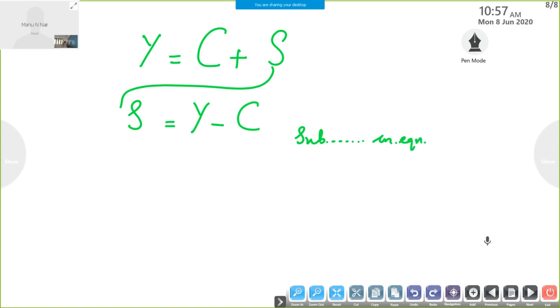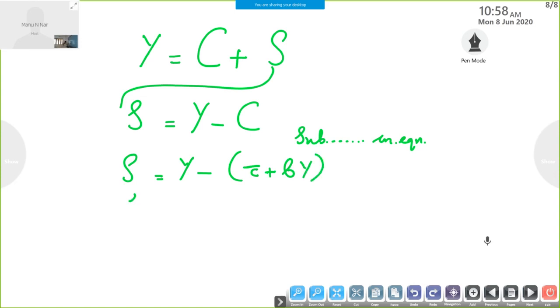Then we get S is equal to y minus, sorry, the consumption function is C dash plus by.